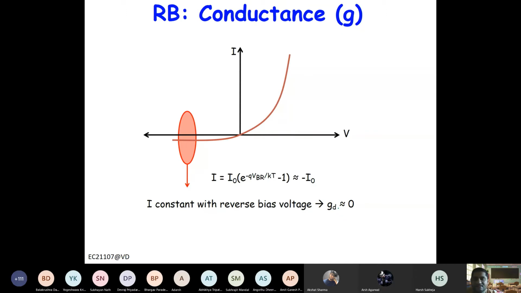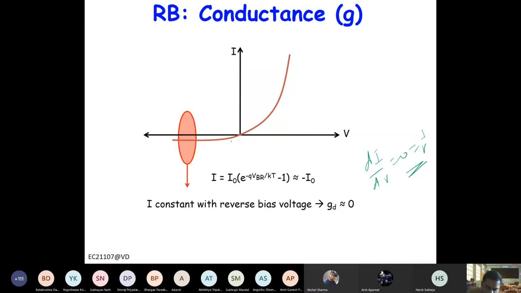Now in reverse bias, what is the conductance? This current is constant, so di by dv is 0. That means 1 by R is 0, which means R is infinite, right?